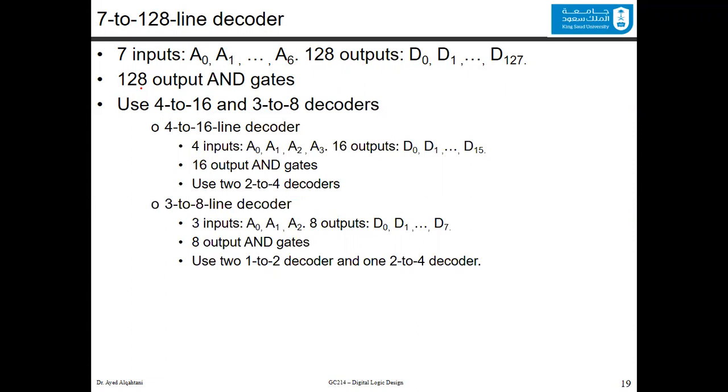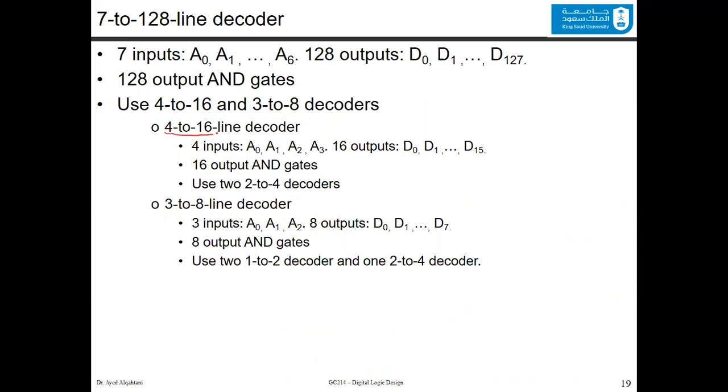You will have 128 output AND gates, which is matching the output. And you will use 4 to 16 and 3 to 8 decoders. The 4 to 16 line decoder, we already showed you how to build it. And the 3 to 8 line decoder, we also showed you how to build it.